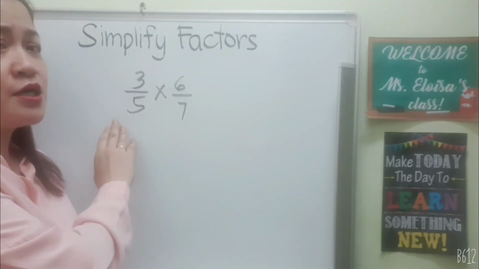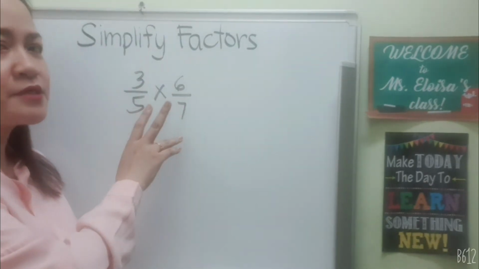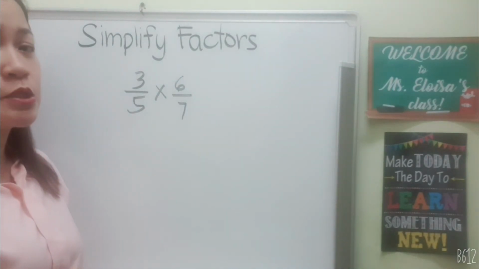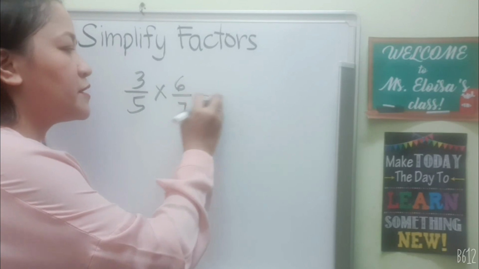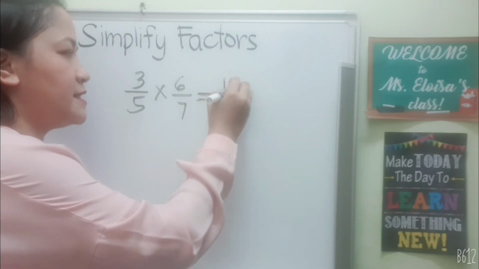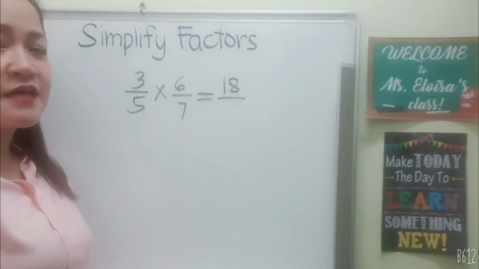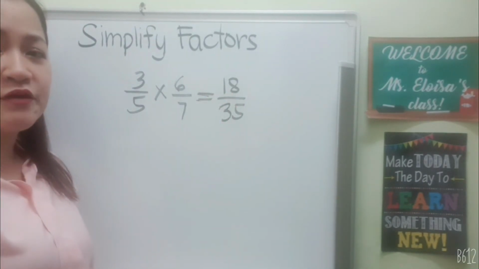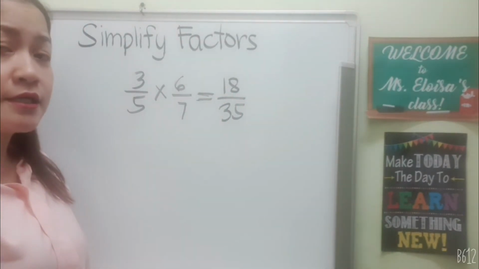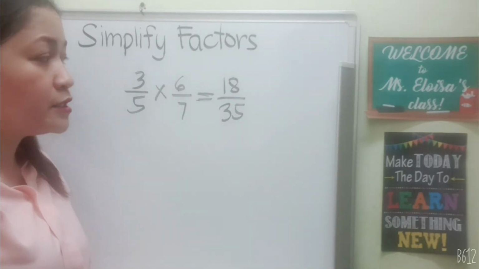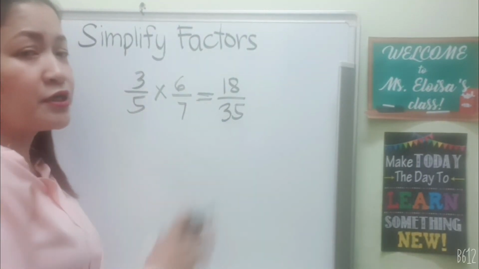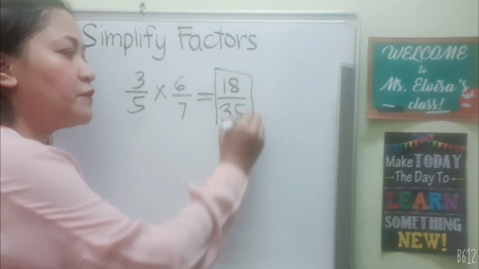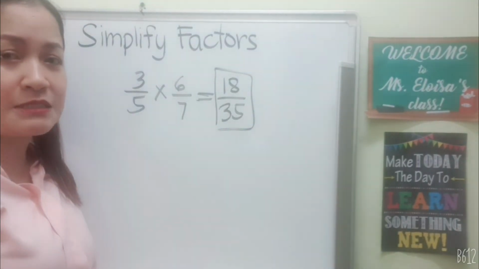So that means you will multiply the numerators first, multiply the denominators first, and then simplify the answer later. So 3 times 6 is 18 over 5 times 7 is 35. So we have 18 over 35. And since there's no other common factor between 18 and 35 other than 1, then that means 18 over 35 is already in simplest form.